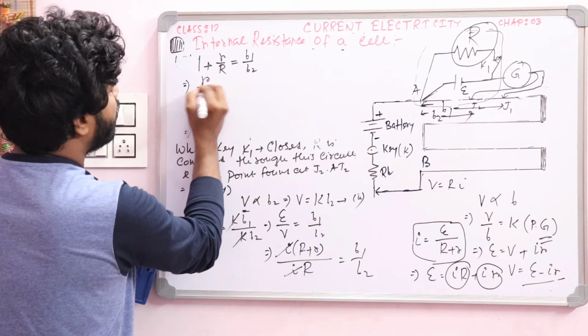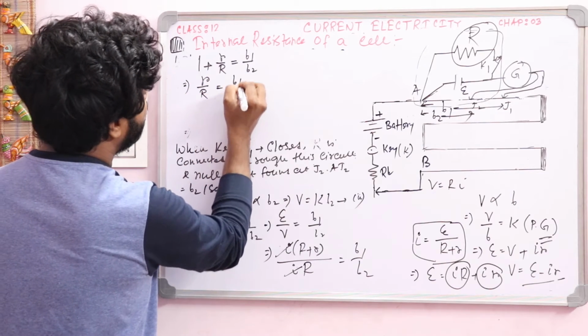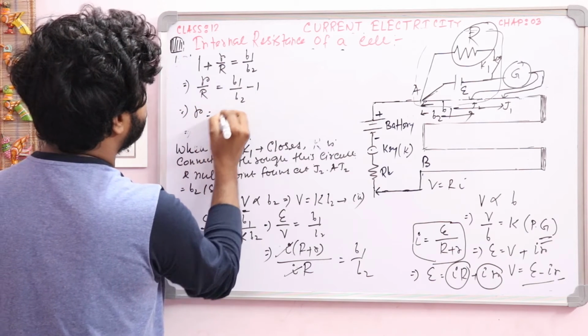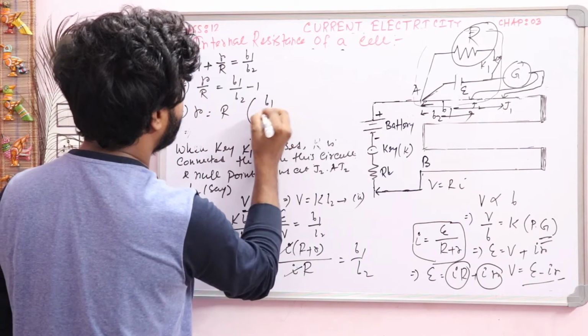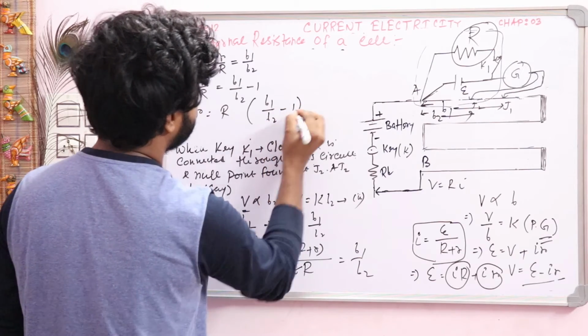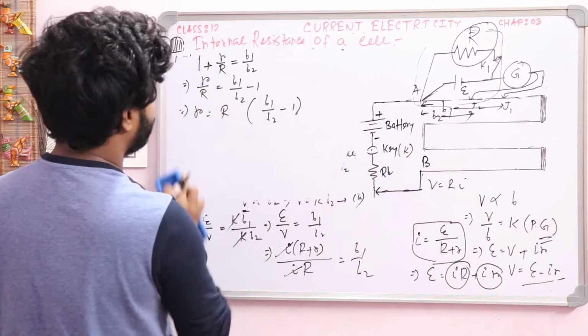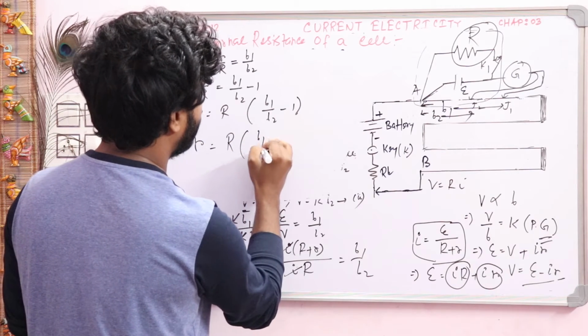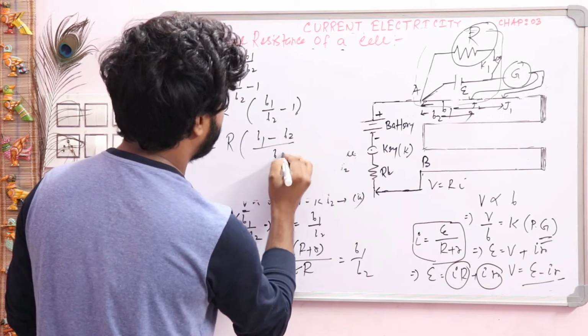So simplify it: r by R is equal to L1 by L2 minus 1, that is r equal to capital R into L1 by L2 minus 1. So this equation will be r equal to R into L1 minus L2 by L2.